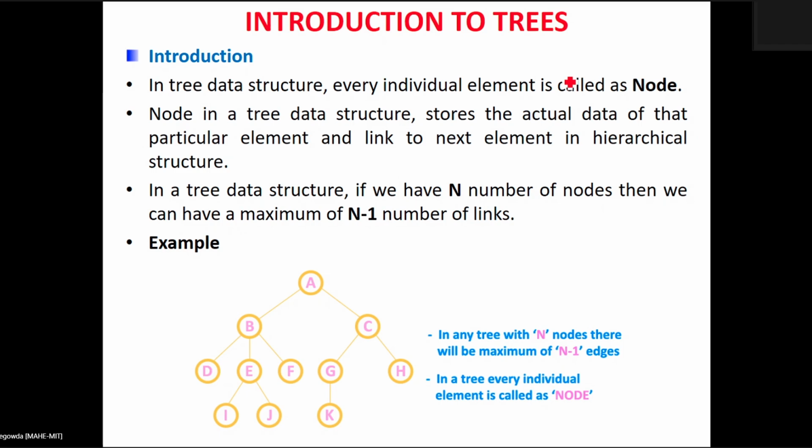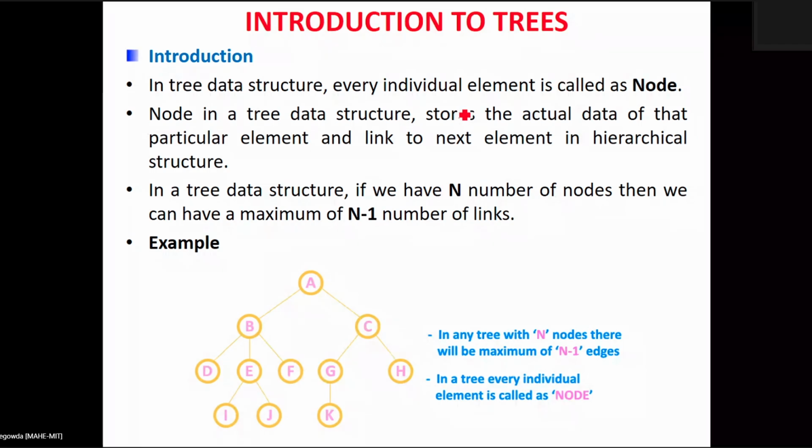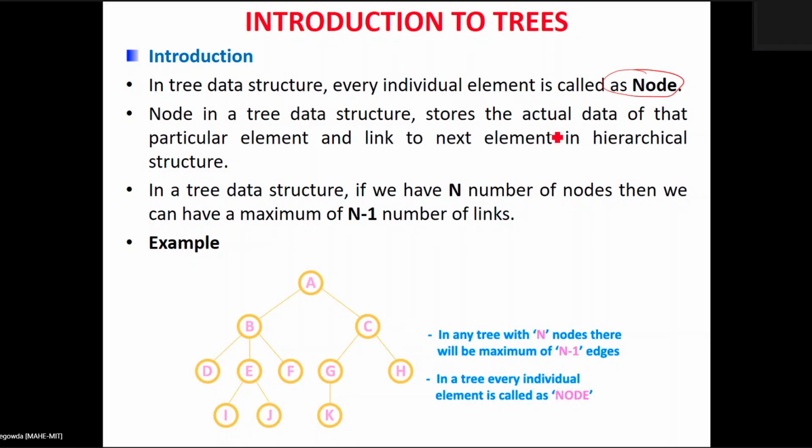So similar to the linked list, in a tree data structure also, every individual element is called a node. A node in a tree data structure stores the actual data of that particular element, and it also has a field which is used to hold the address of the next element in the hierarchical structure.